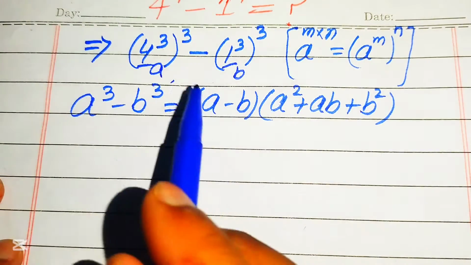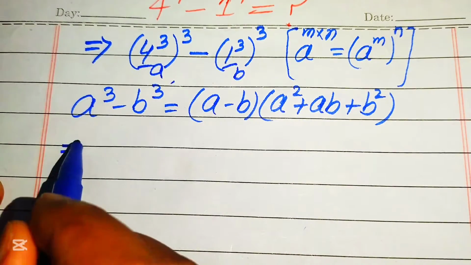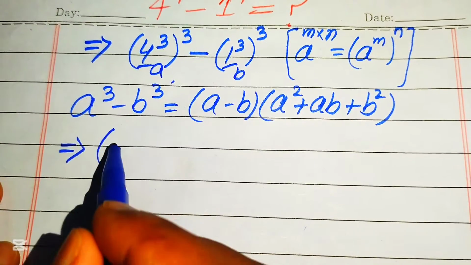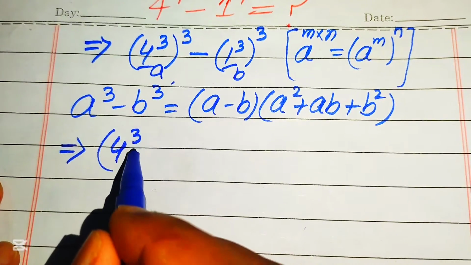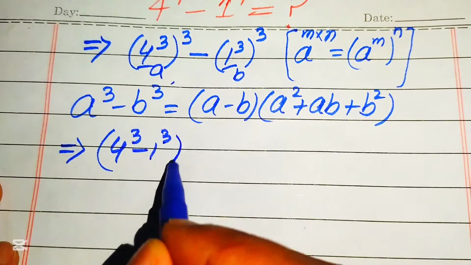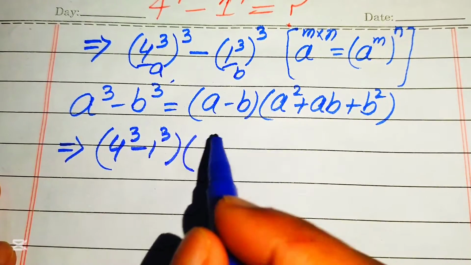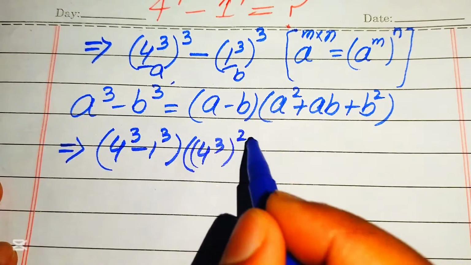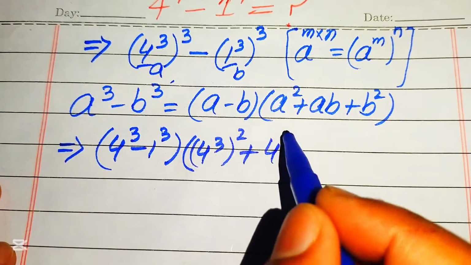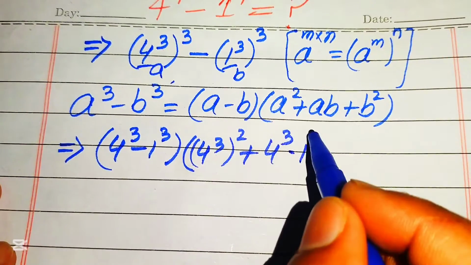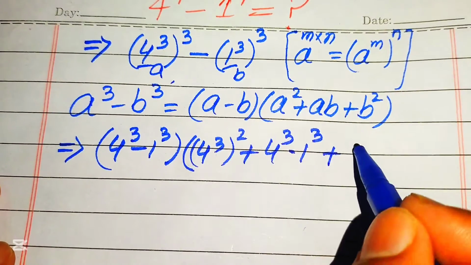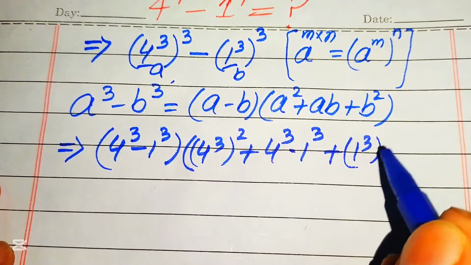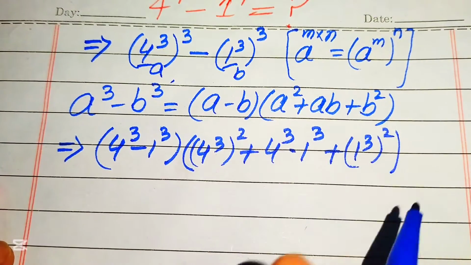So now we apply this cubic formula here. After applying it, we write our expression as 4 cubed minus 1 cubed, into 4 cubed and its whole square, plus 4 cubed multiplied by 1 cubed, plus our b, which is 1 cubed and its whole square.